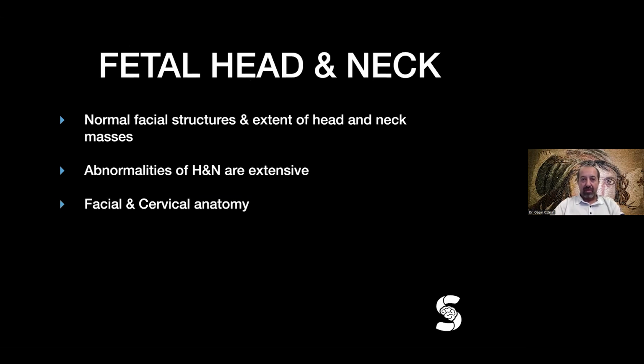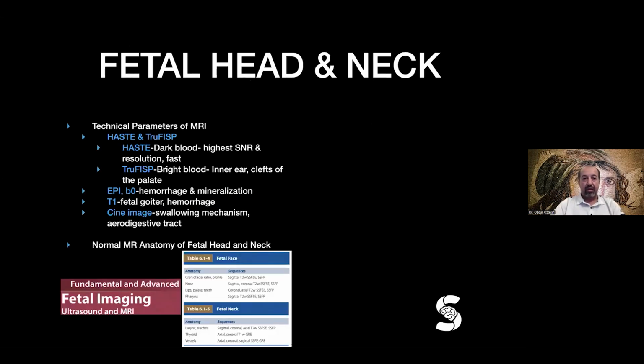Fetal MRI is a valuable tool for evaluating normal facial anatomy and for delineating the extent of head and neck masses. Abnormalities of the fetal head and neck represent a broad spectrum of conditions, including both malformations and masses. Single-shot T2-weighted sequences are the workhorse of fetal MRI.